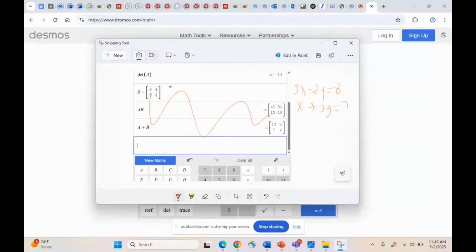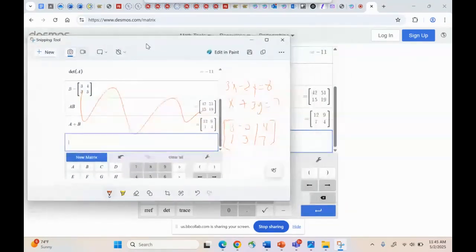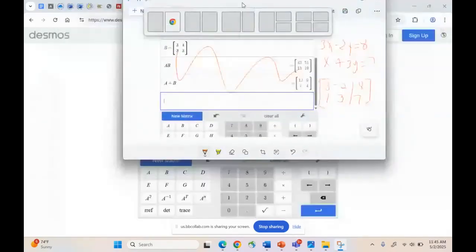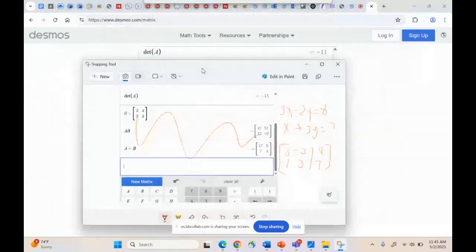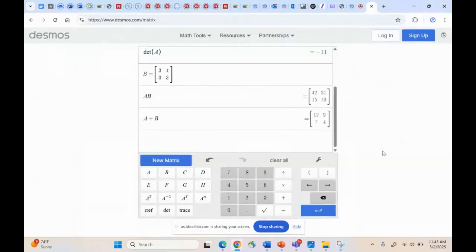One thing we learned last week is that we can write the augmented matrix. Ruben, if you want to take a picture of that just in case I forget the numbers. So we have 3, -2, and 8.